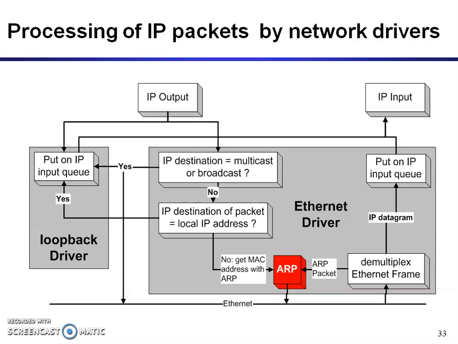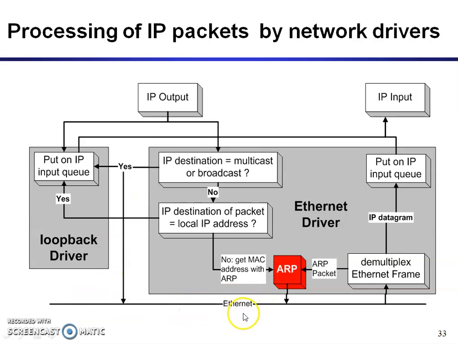To understand this, there is a very good diagram I got from the internet, showing how IP packets are processed by the network drivers. A network driver is something like an Ethernet driver. We have seen that the entire datagram is converted into packets, chunks of data, and these chunks of data come over the Ethernet.